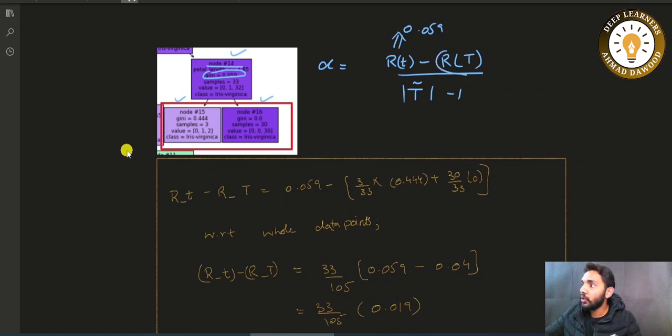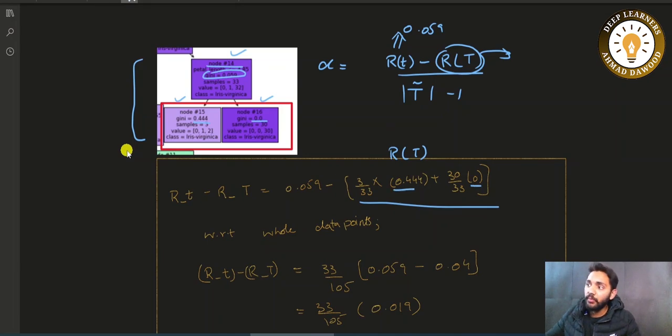The Gini impurity of the whole tree, if we consider this as a whole tree, will be the weighted sum of its leaves, which you can see here. This will be the R of capital T, the weighted sum of its leaves.